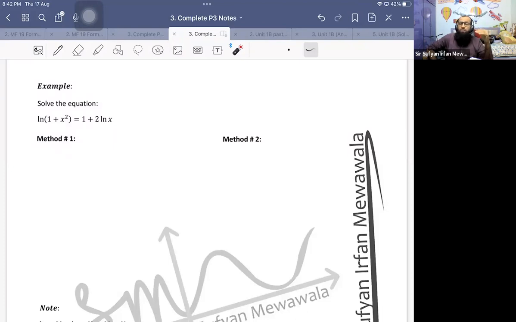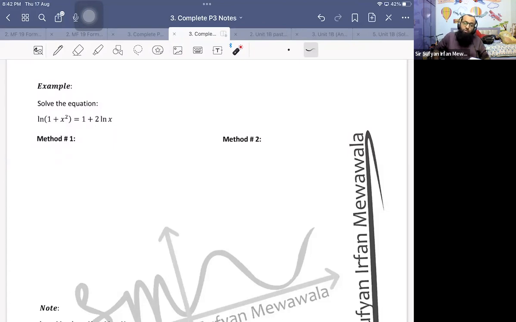So if there's a variable in the power, it is an exponential equation and it could be dealt with using 2 of the types that we have studied. Or if log is involved, if ln is involved, lg is involved, or any other log is involved, then that particular equation is a logarithmic equation.